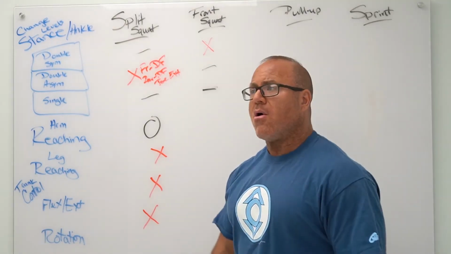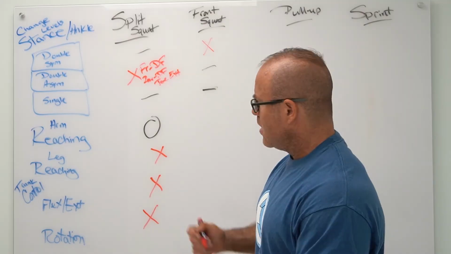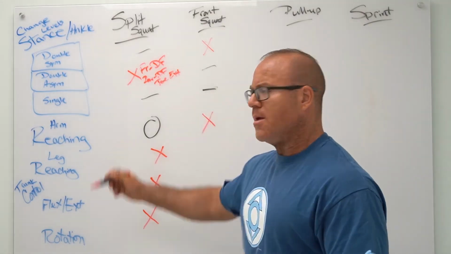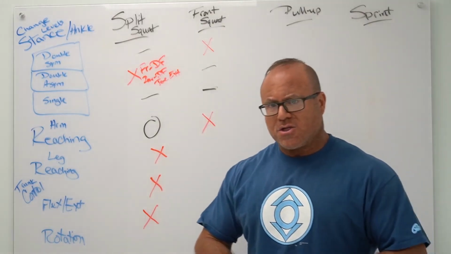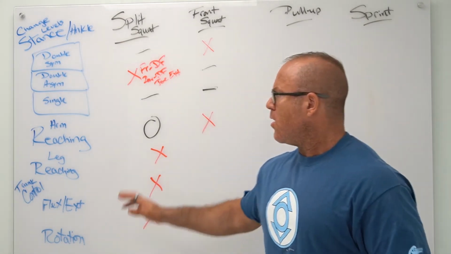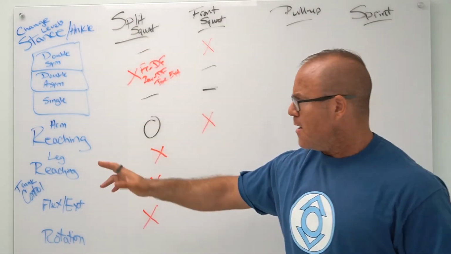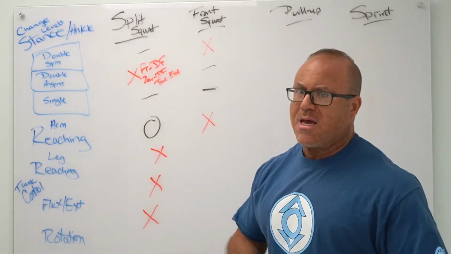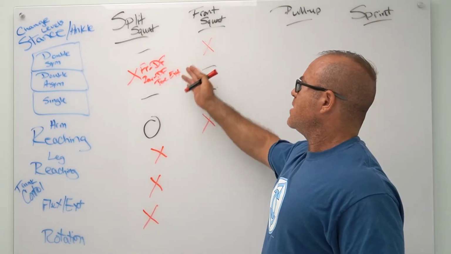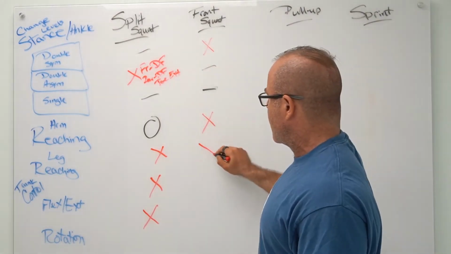So now I'm holding the bar in the rack. Now I do need to learn about the arms, because we have significant shoulder, we have significant elbow, and significant wrist action. All of that would fit into arm reaching, okay? Do I care about leg reaching? Yes. Anytime I'm doing something that's lower body centric, I'm always going to care about leg reaching.